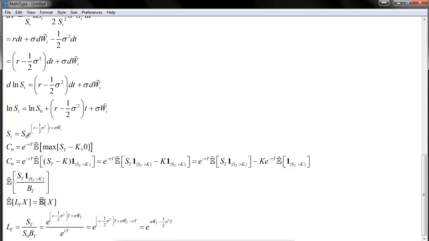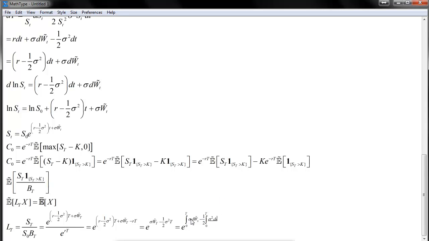I can rewrite this as the integral from 0 to big T of sigma times the differential of the Wiener process under the risk neutral measure, minus 1/2 of the integral going from 0 to big T of sigma squared times dt.